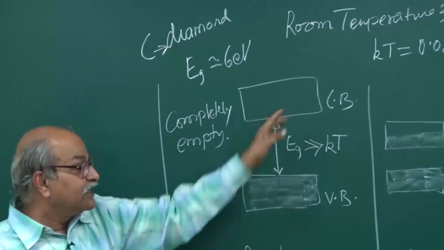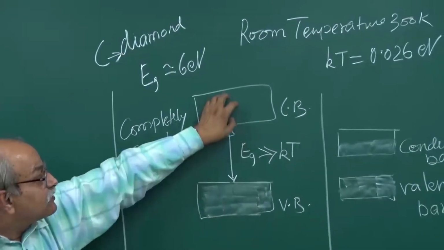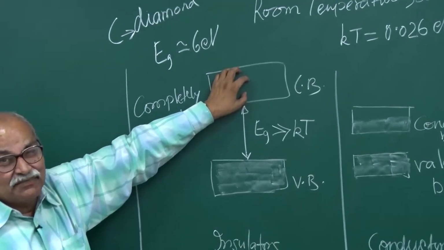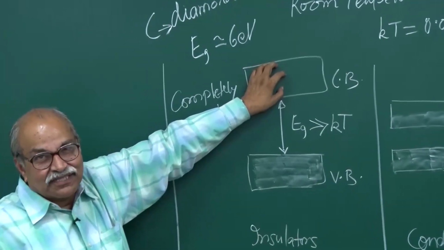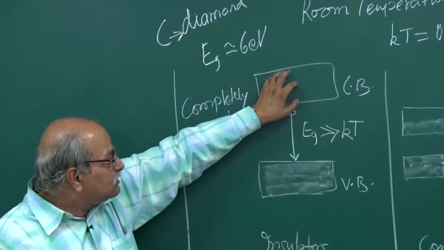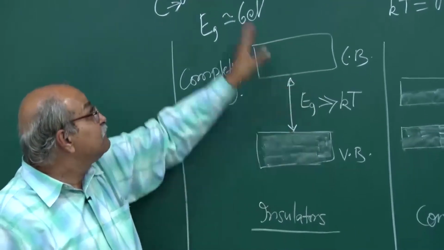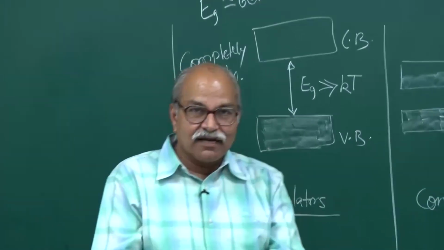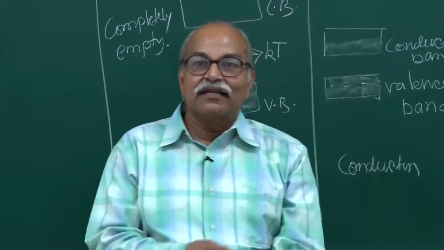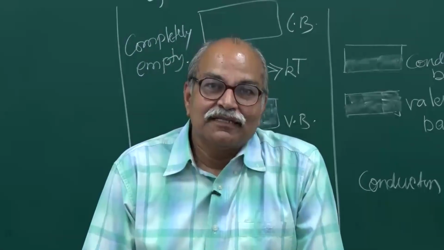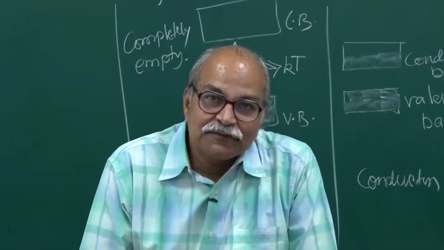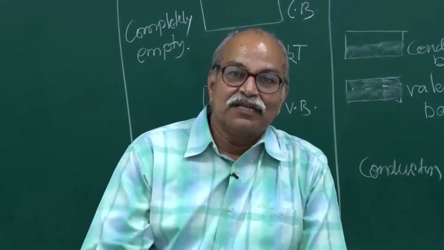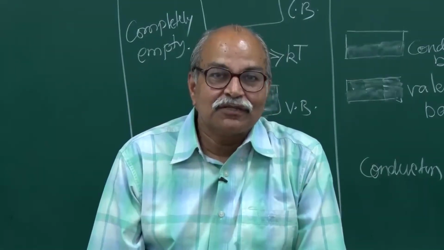Even at 300 K they will stay here, and this will remain completely empty, or if there are some states populated, not at all significant. So, then if you take a diamond, and connect it to a battery and apply some voltage and create some electric field, and that electric field tries to give some energy to the electrons.